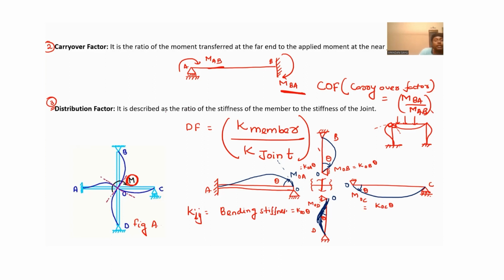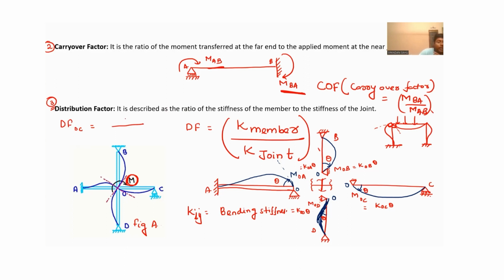Now read the statement of distribution factor. It is described as the ratio of stiffness of member to stiffness of joint. Suppose for member OC you want to write the distribution factor, then what will be its value? Can you tell me?